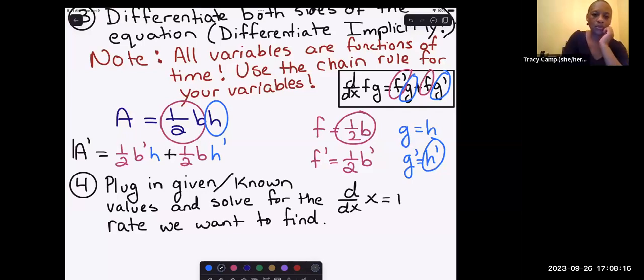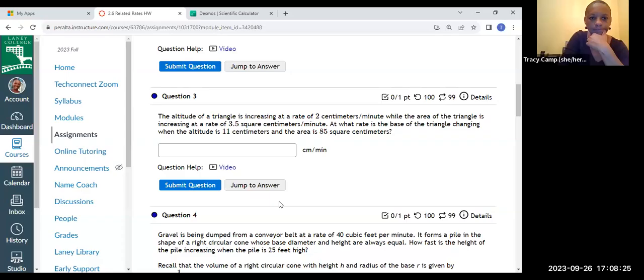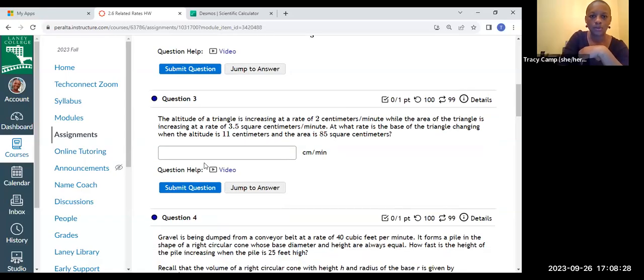So I'm going to go back to the problem and let's see what these values are that we're given. So the first thing is that we're told that the altitude of this triangle is increasing at a rate of 2 centimeters per minute. So this is telling us that the rate that the altitude is increasing is 2 centimeters per minute. And here you want to keep in mind that rate is the same thing as derivative.